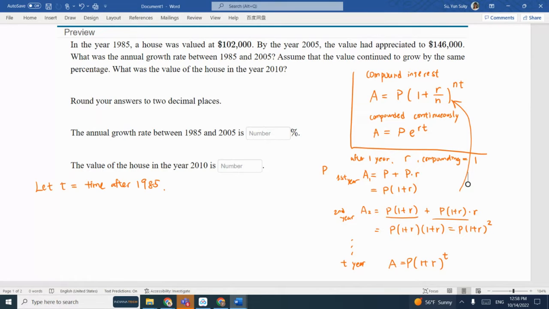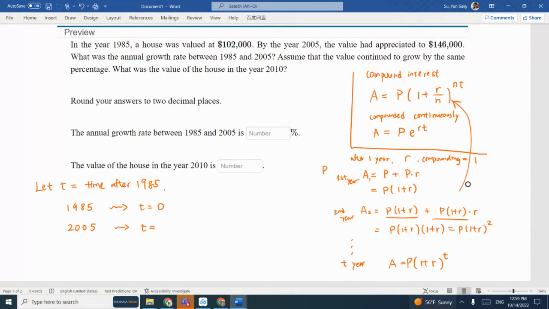That means 1985 corresponds to t equals 0. Is that okay, everybody? We don't want to plug in that big number. Do you agree? So after we make this notation of t, you can imagine 2005 corresponds to t equals what?